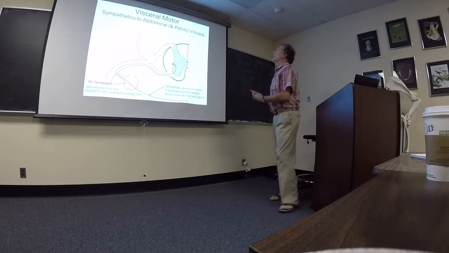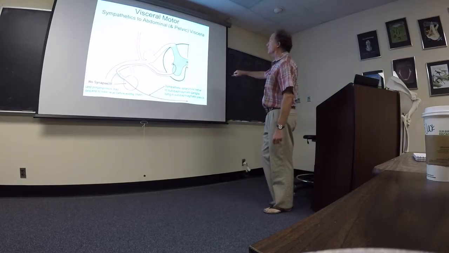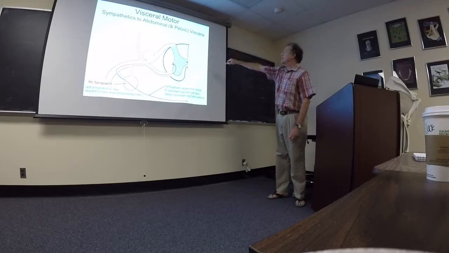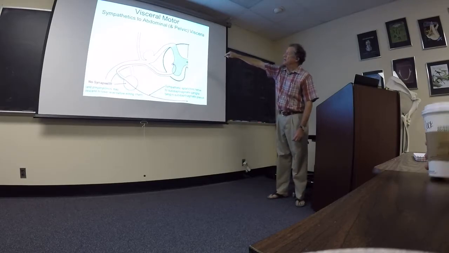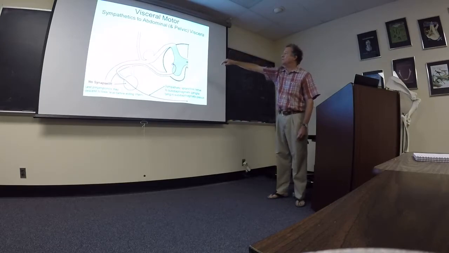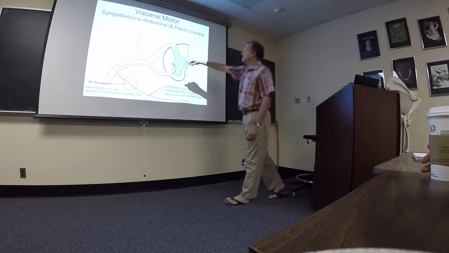So here's a sympathetic going to an abdominal structure: it originates in the intermediolateral column, which we identify as the lateral horn, goes out the ventral root, into the ventral ramus, goes through this paravertebral ganglion, but does not synapse there.